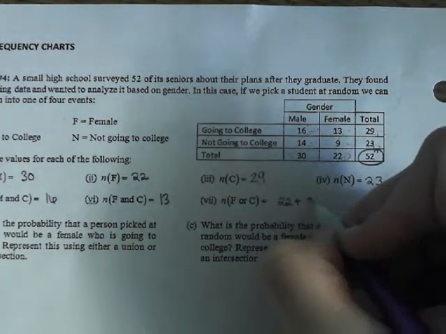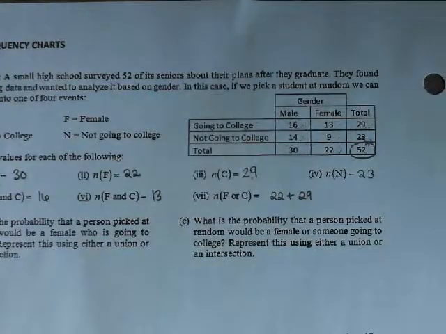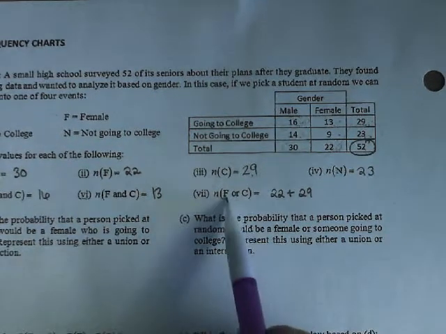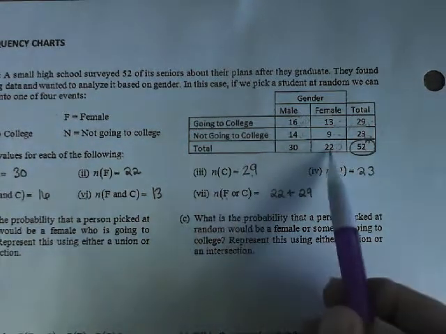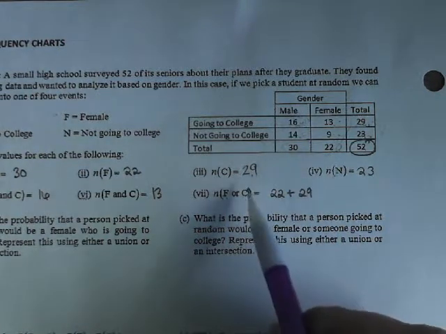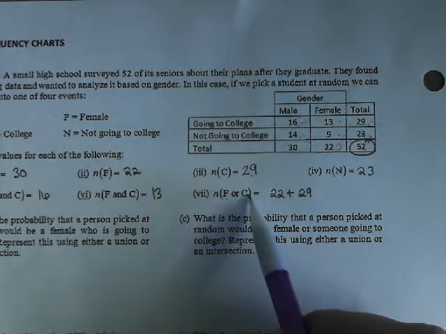But what do we have to remember to do? Right, we definitely counted some people twice. The females who are going to college have been counted twice. They've been counted in the female category, in this total of 22, and they've been counted in the going to college category, in this total of 29.